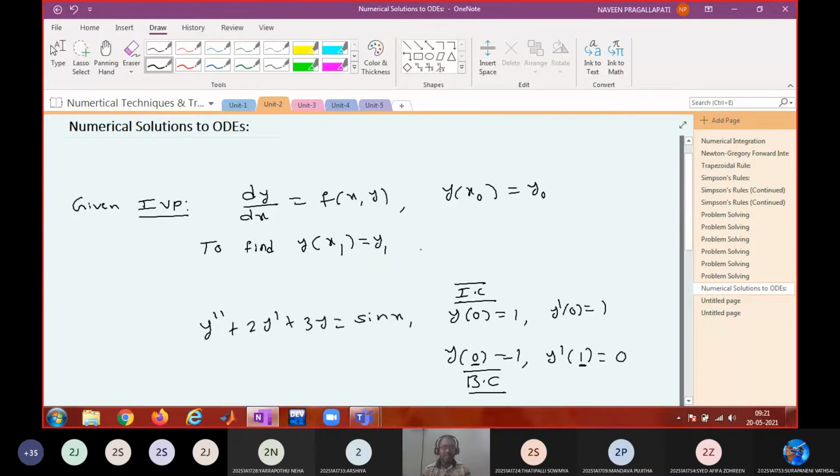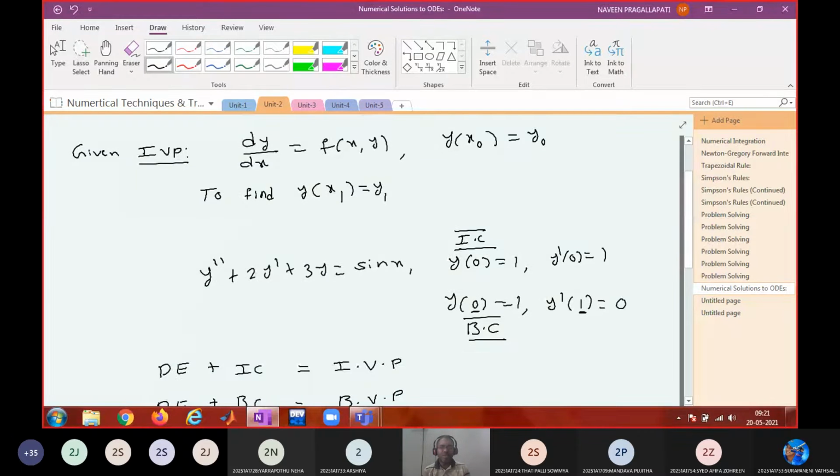Remember, the solution of an initial value problem is unique, because when you solve the differential equation, you get a general solution. The general solution contains arbitrary constants, which means you can assign any value to them. For different values of the arbitrary constant, you will get different solutions. The set of all the solutions put together is called the general solution.